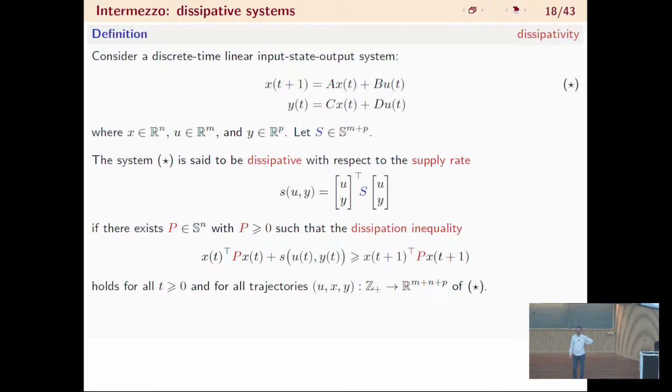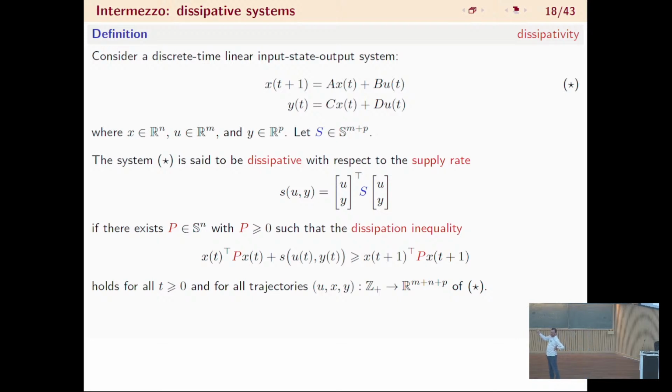So this is a bit of a mouthful definition. And it seems to be also a mathematical definition. There is no obvious reason why I look at this property. But there is actually a very good reason.